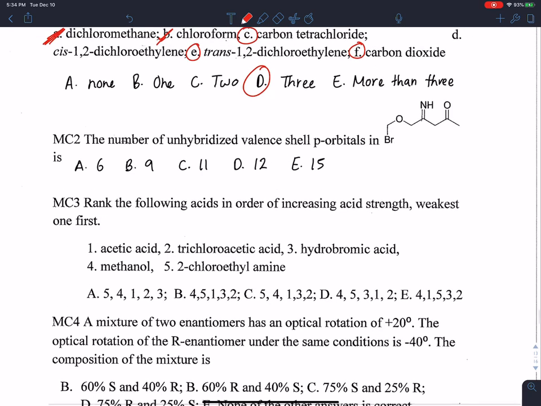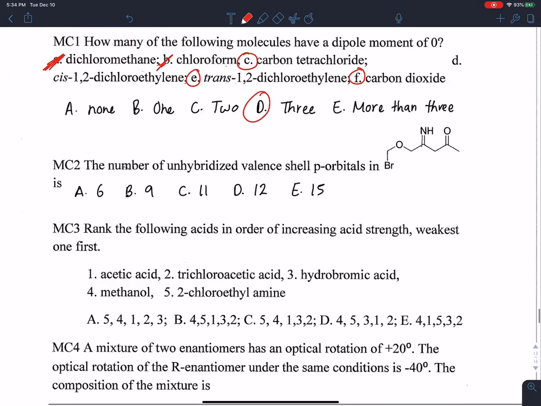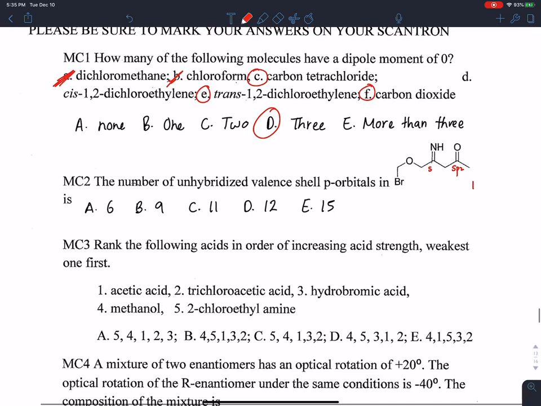For this one, the number of unhybridized valence shell p orbitals. Ooh, okay. The unhybridized will be, well, this is sp2, so that's 1. This is sp2, so that's another one. This is sp2, so that's another one.